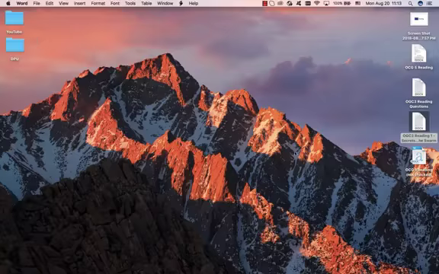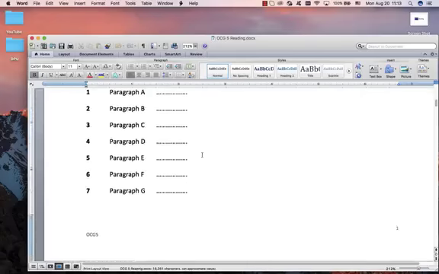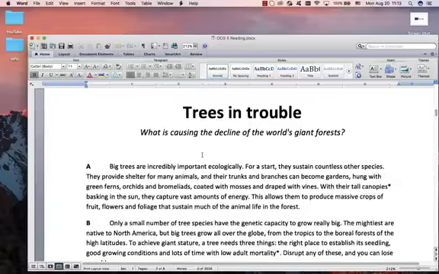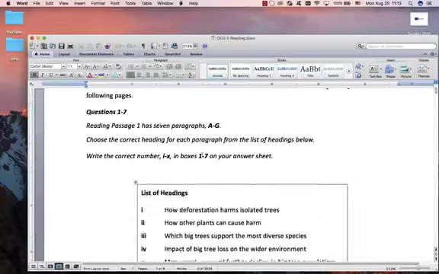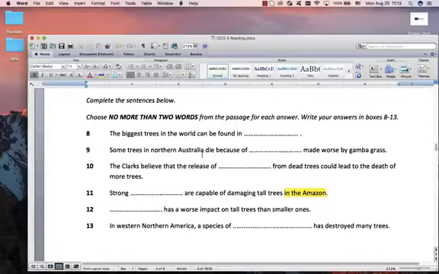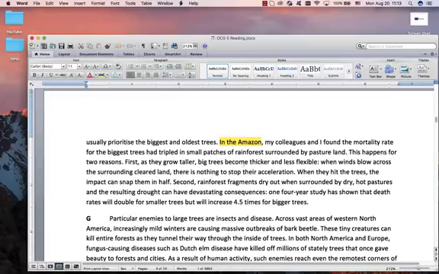Great. One more quickly. This was trees in trouble. I think it was passage 1. Yeah. I just want to focus on this one over here. There was an R over there. So if you found Amazon, strong something can damage the trees. So we know that we're looking for a plural countable noun. It was a slightly more difficult one because it was somewhere in here.